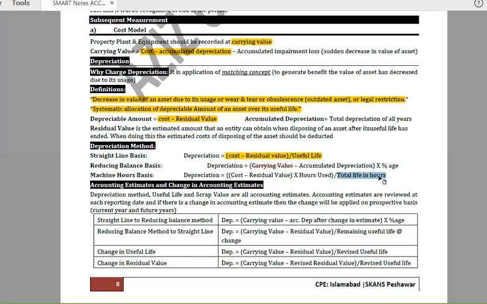For example, if the total life of the machine is 200 hours, we can consume this machine for a maximum of 200 hours, and we have used this machine in the current year for say 40 hours. So cost minus scrap value into 40 hours, divided by 200. This is another method for the calculation of depreciation, but this method is rarely used.